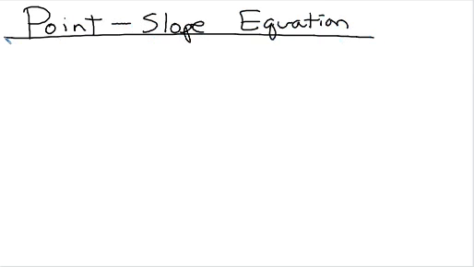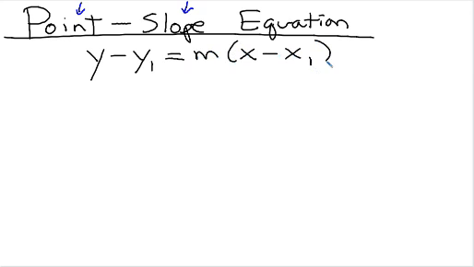The point-slope equation is very handy when I know a point and I know a slope. So the point-slope equation is y minus y1 equals m times x minus x1. That's the point-slope equation. And where we use it is on a problem.